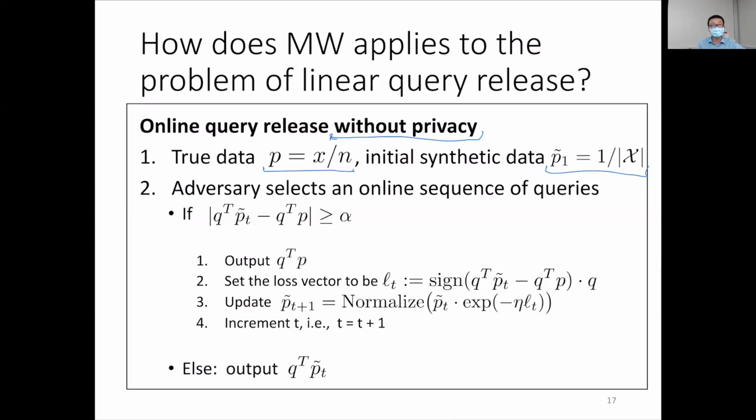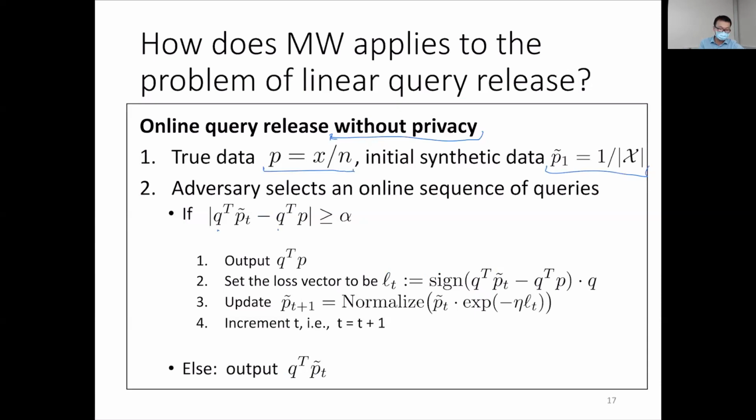And so what are these experts? These experts are the vertices of this data space. So each individual possibility of this data set is an expert, right? So what we're going to do is take an online sequence of queries. And for each query q, as we said earlier, let's check whether this is larger than alpha or not.